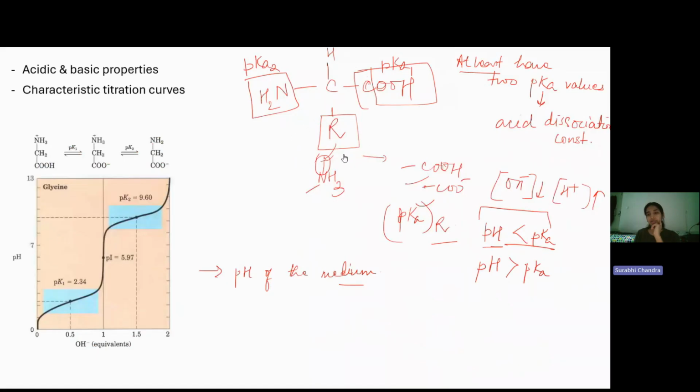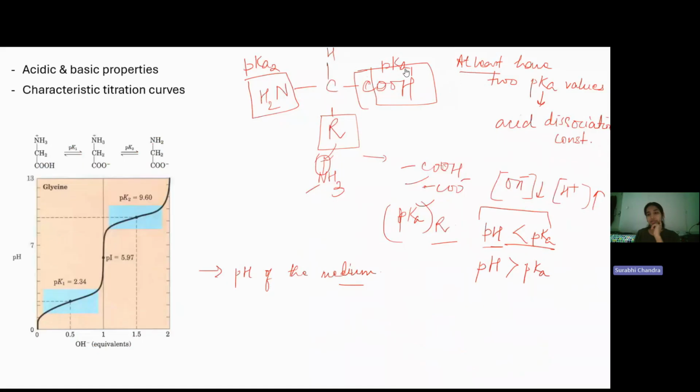Depending on what type of R group the amino acid has, such as asparagine, lysine, or aspartic acid or glutamic acid, the R group will also add to the net charge on the amino acid. But at least for an amino acid, you will have two pKa values.